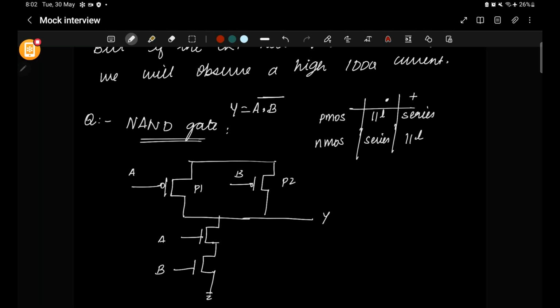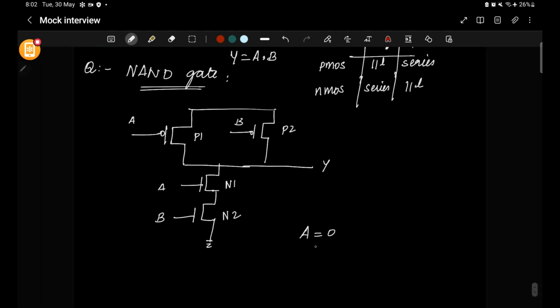This is P1, P2, and then let me consider N1, N2. Now tell me, A is equal to 0 and B is equal to 1.